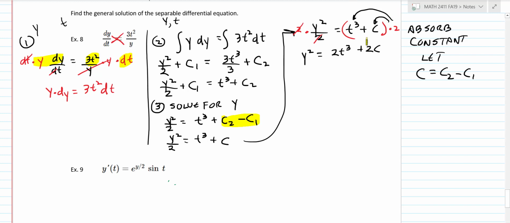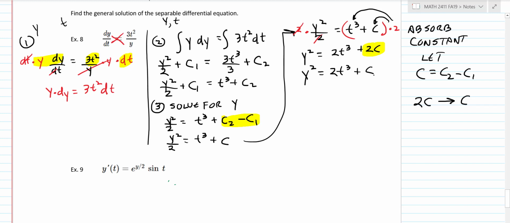Notice this part right here: you don't have to write the 2c, since you're just doing arithmetic, you can replace that with the same constant c. You don't even have to keep track of all this, just do it in your head. If you're doing an arithmetic operation on c, you can reabsorb it into one constant c. So I'm going to write this as y squared equals 2t to the third plus c.